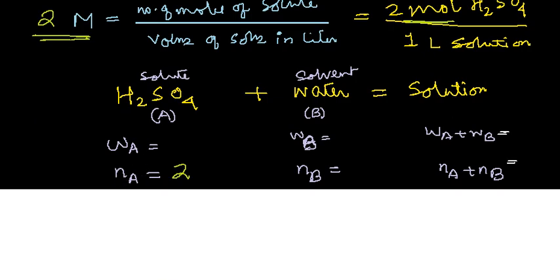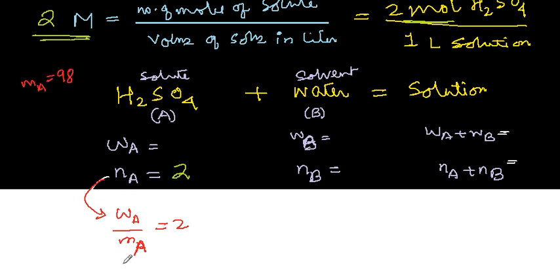So let's first look into the first information that we have, the number of moles. That is equal to weight over molecular mass, which is equal to 2. We know that the molecular mass of sulfuric acid is 98.